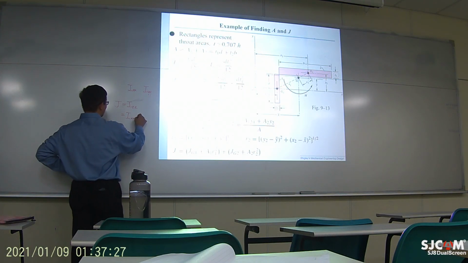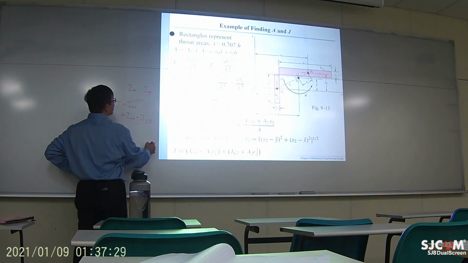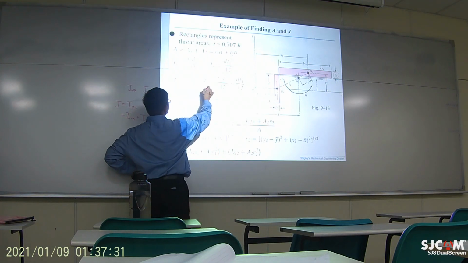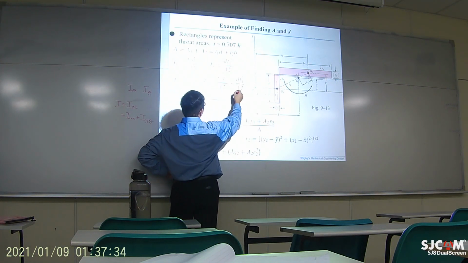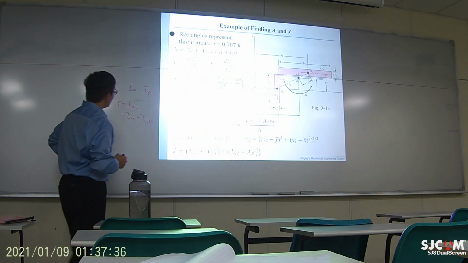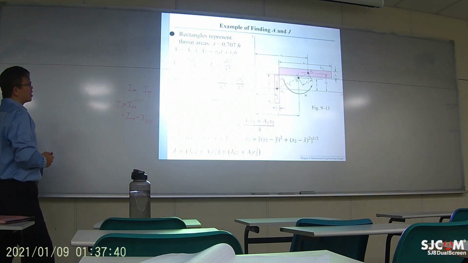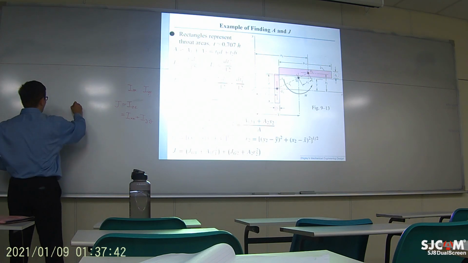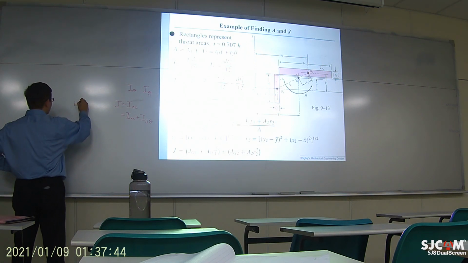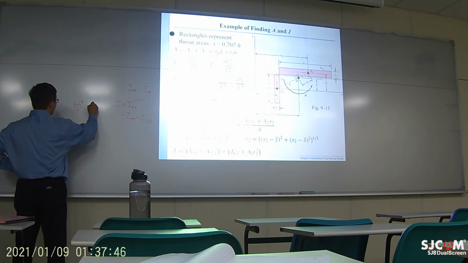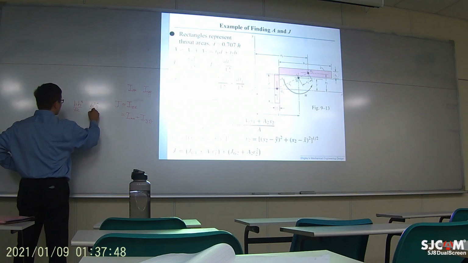Basically, Ixx plus Iyy. Okay, so right here, this is the equation, and for Ixx and Iyy you can use what we usually know: b h cubed over 12 and b cubed h over 12.